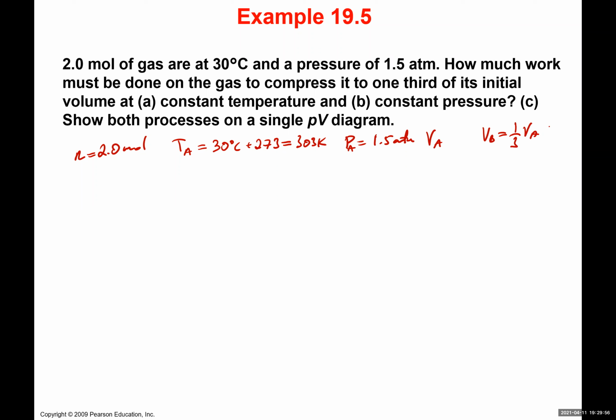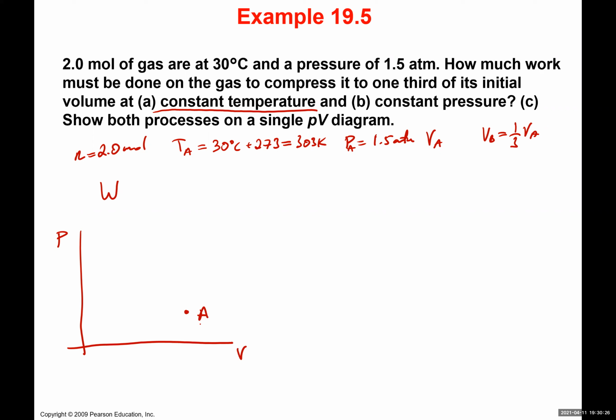Okay. So for this one, we are assuming that for part A, this is done at constant temperature, which means it's just an isothermal process. Okay. And we can right away start the PV diagram, right? So let's say if this is our A, remember we are compressing.